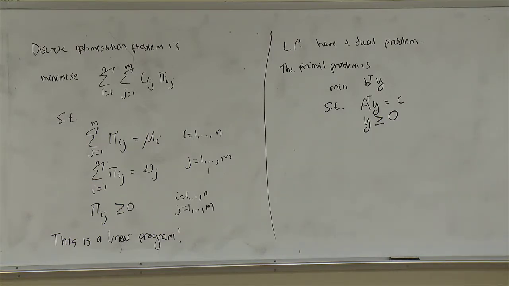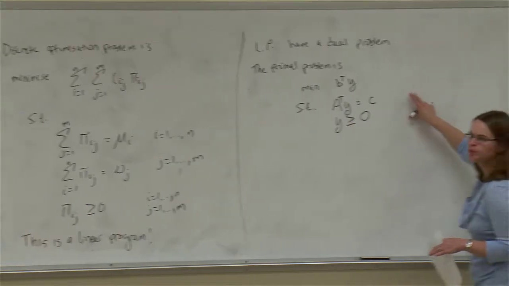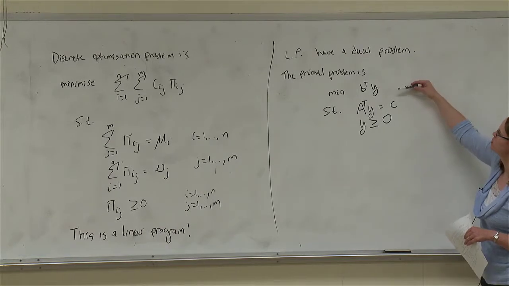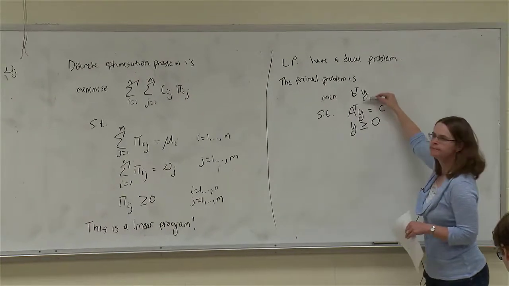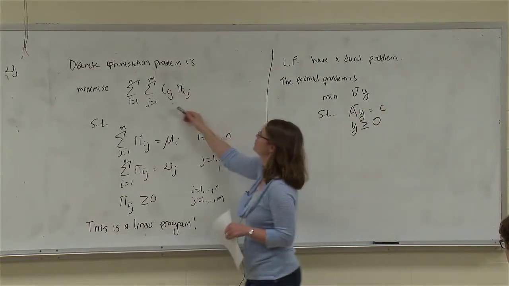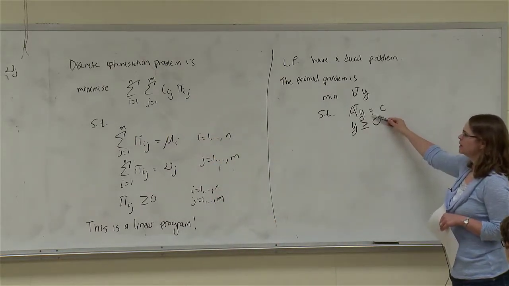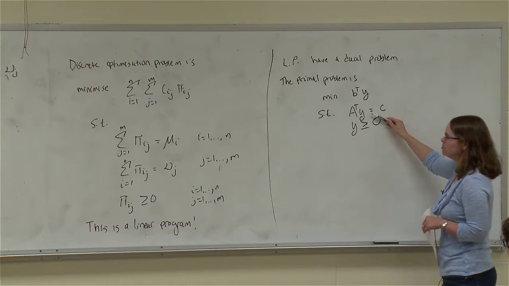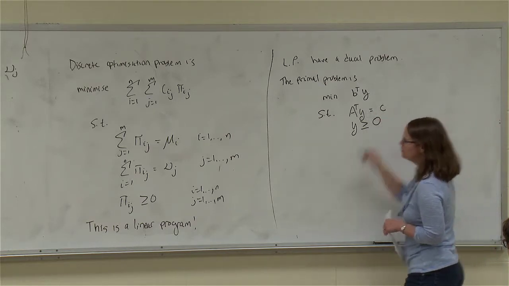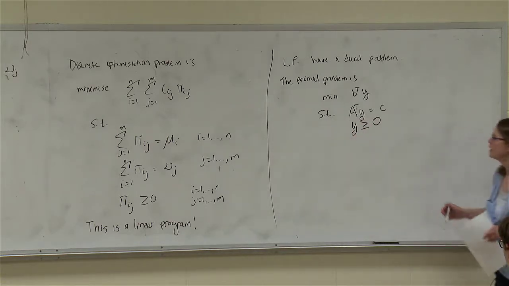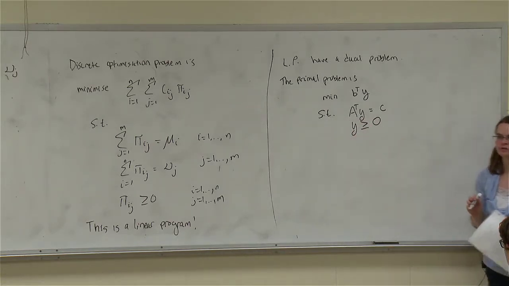Okay, so this is a general form of a linear program that matches the form that we've got here. Right? We have something that we're trying to minimize, so our unknown dotted with some given values, that's what's going on here. Some equality constraints that are linear in our unknown, and then a positivity constraint.